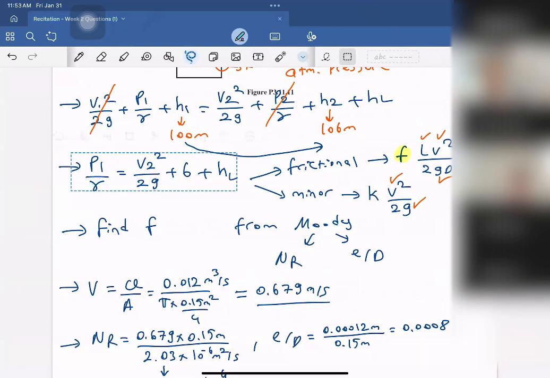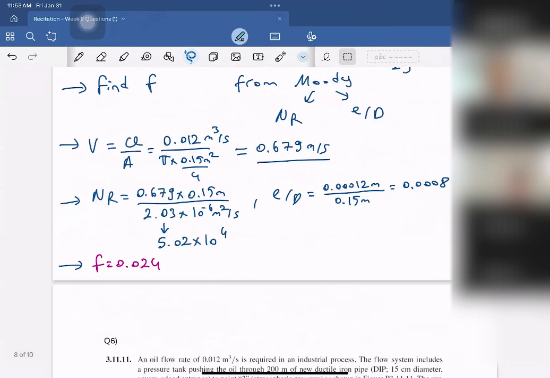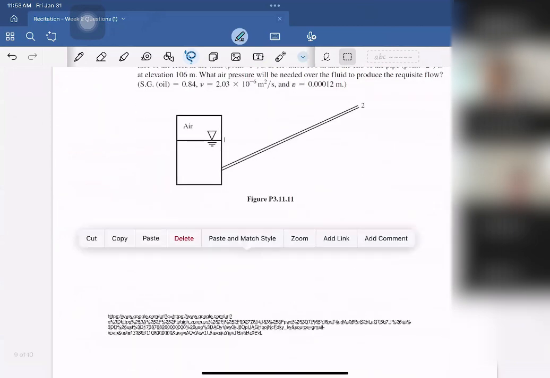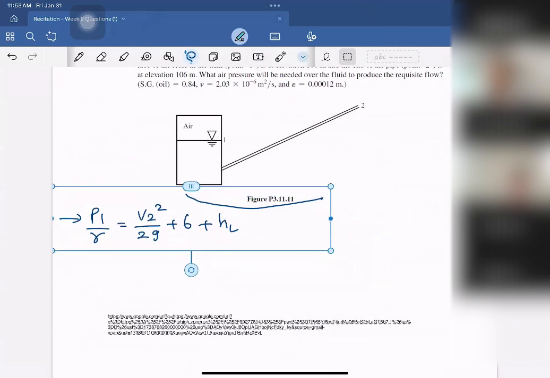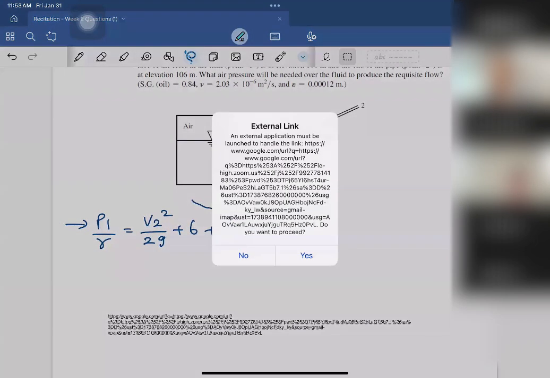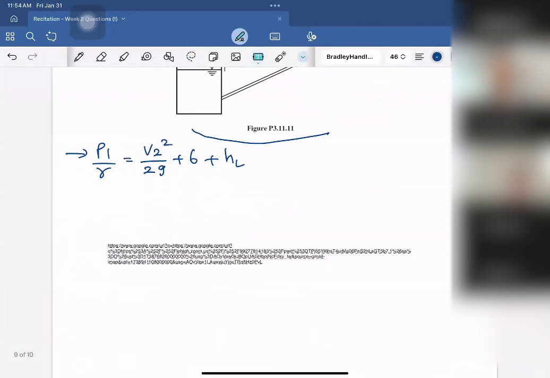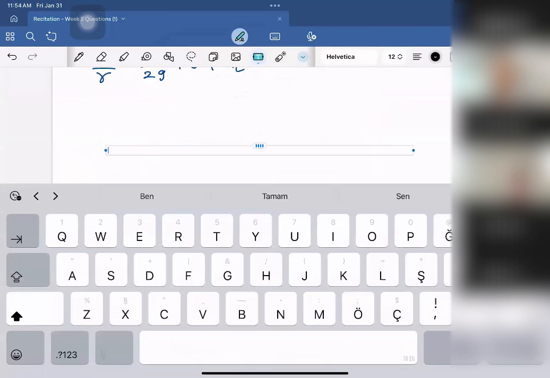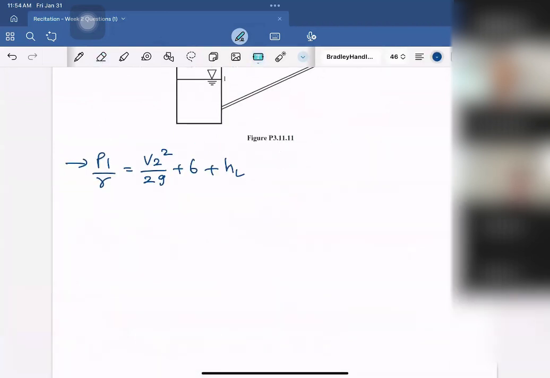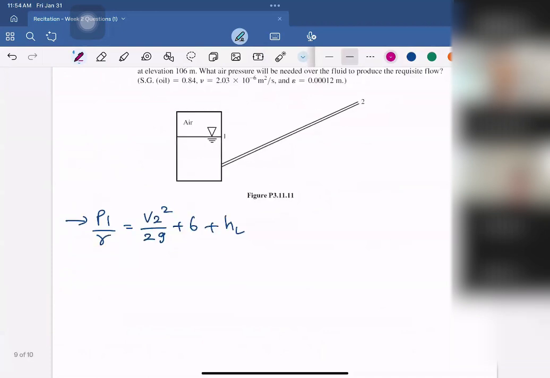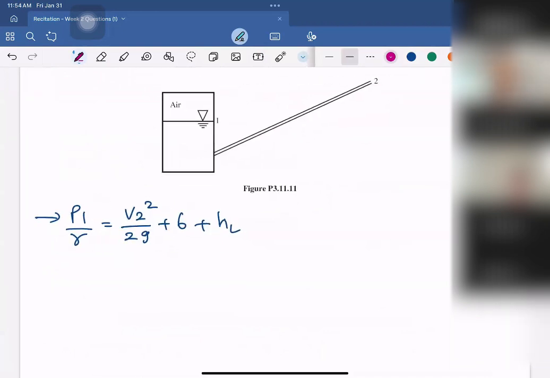Okay. I finally got rid of the link. And let me write everything here.